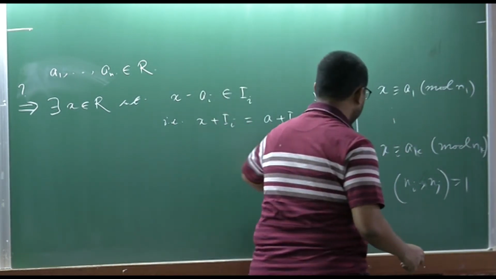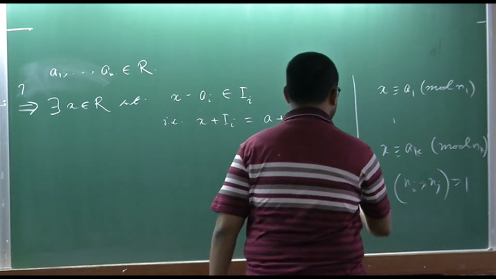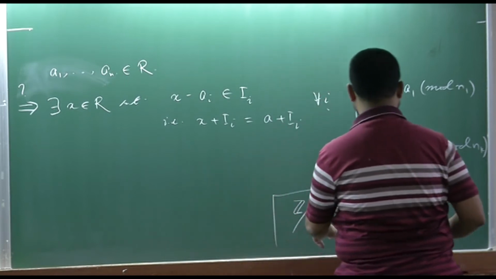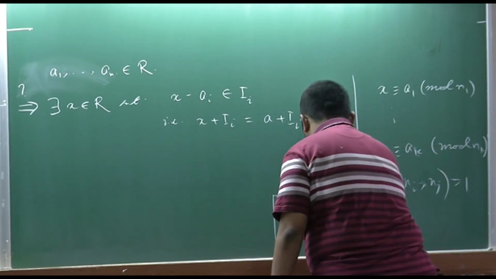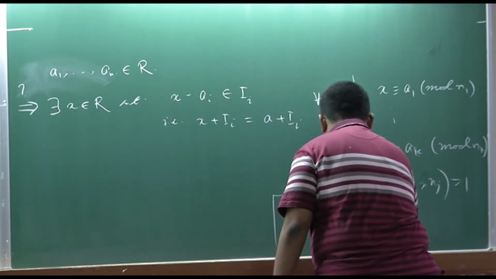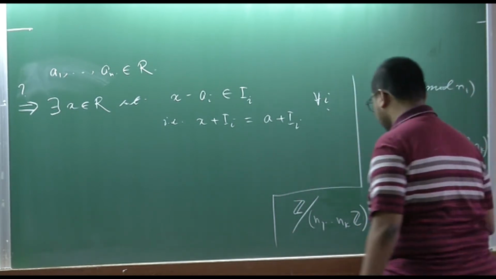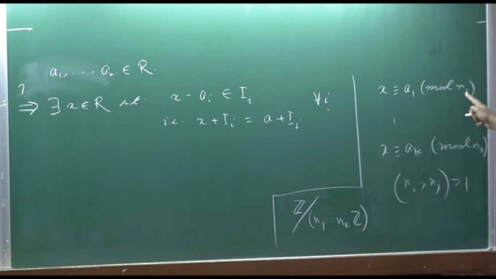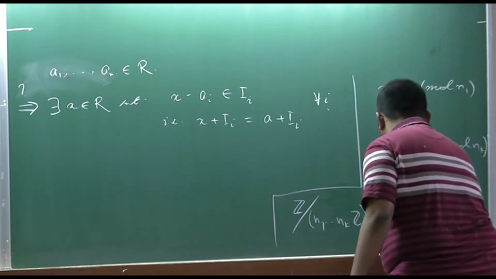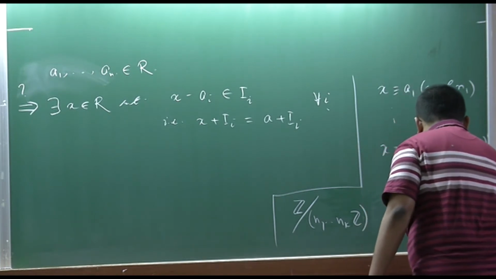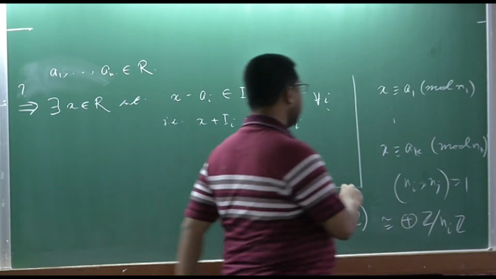So, in view of the Chinese remainder theorem, what was obvious at that point was Z modulo n1 up to nk Z, because this is the intersection of the principal ideals generated by the ni's.